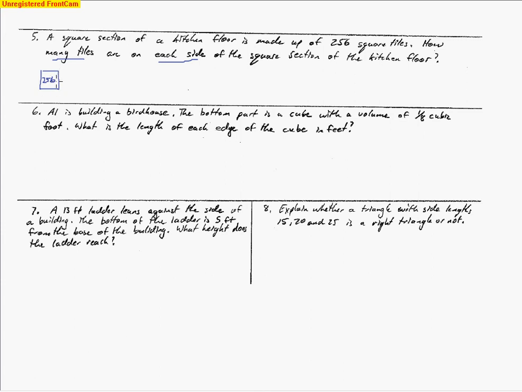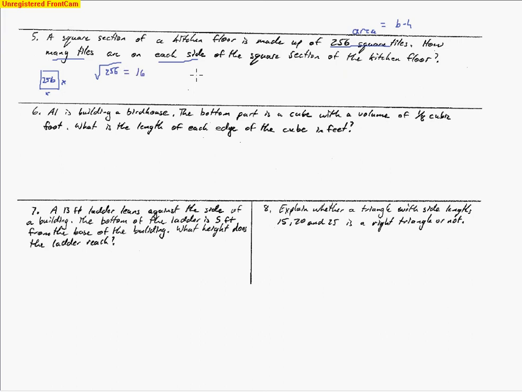Well, if I have an area, that means I need to multiply the base times the height if I've got the area of a square. Well, it just so happens the base and the height are the same number, so it's like x and x. And so all I'm doing is taking the square root of 256. And if I do that, that gives me 16.